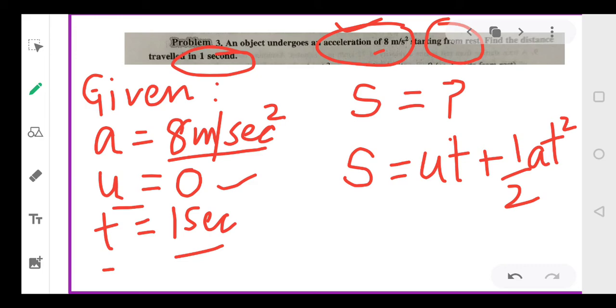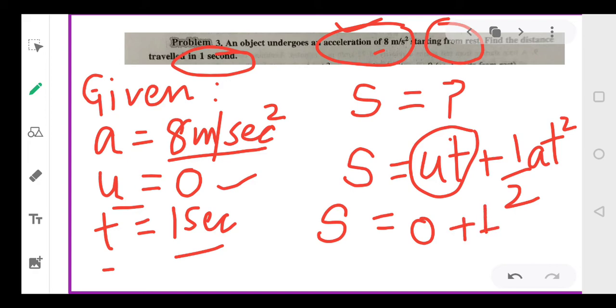So S is equal to ut plus half at square. Now put your values. See, U is 0, so this whole term will become 0. 0 multiplied by 1 is 0. So 0 plus half into A, which is 8.